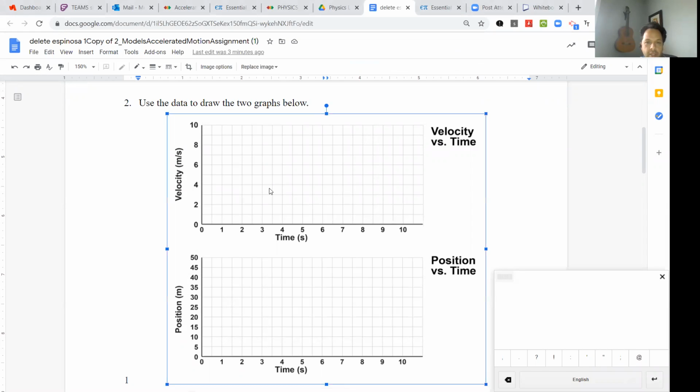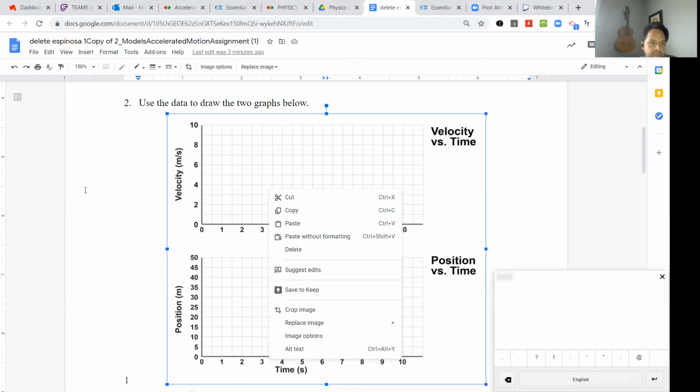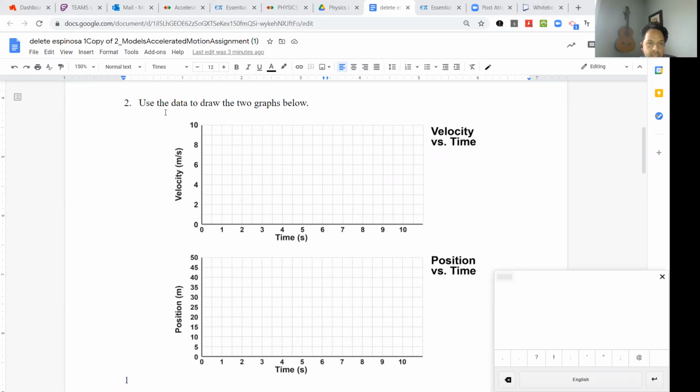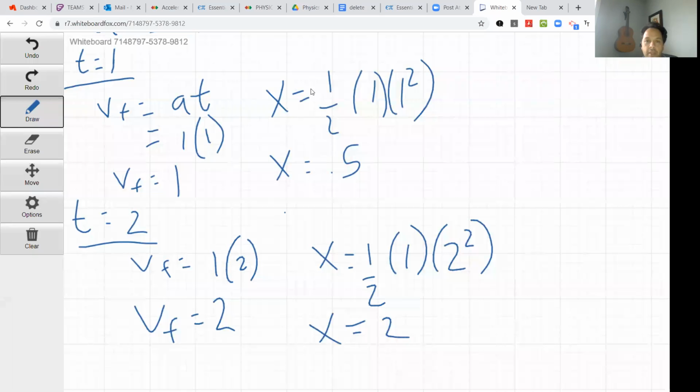What I'm going to do, I think, is save this. This would be one way, and then I'll go to my whiteboard and import it.